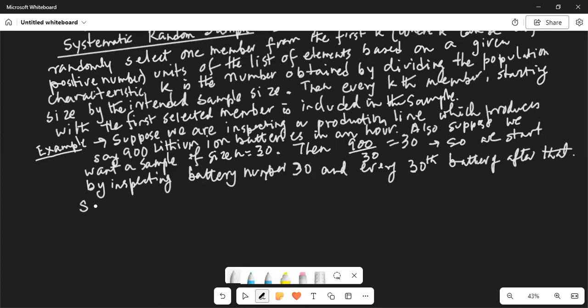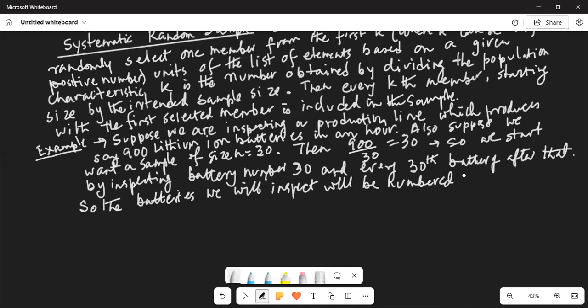The batteries we will inspect will be numbered 30, 60, 90, 120, and so forth. Okay.